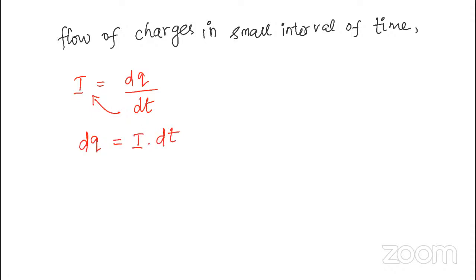Now we have a small interval of time and a small interval of charge. So this equation becomes the integration of dq from 0 to q, equal to the integration from t1 to t2 of I into dt.